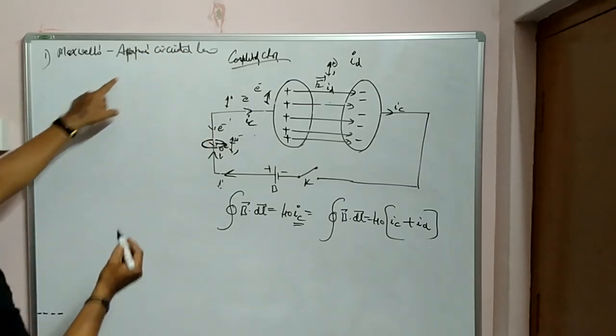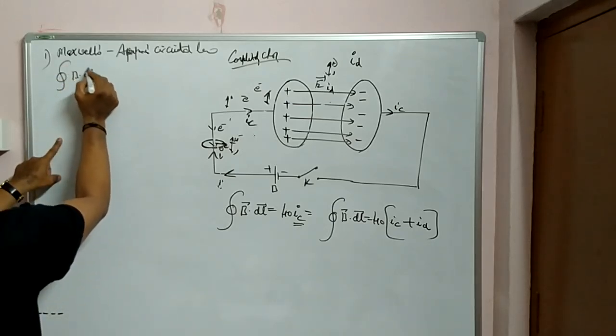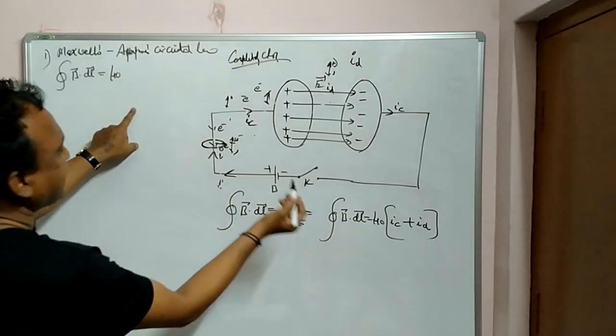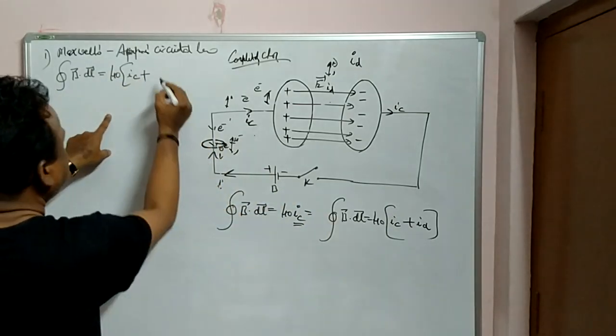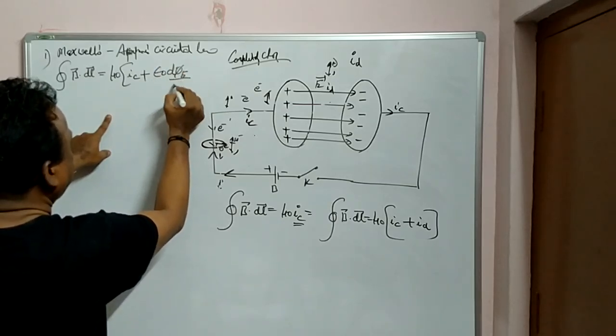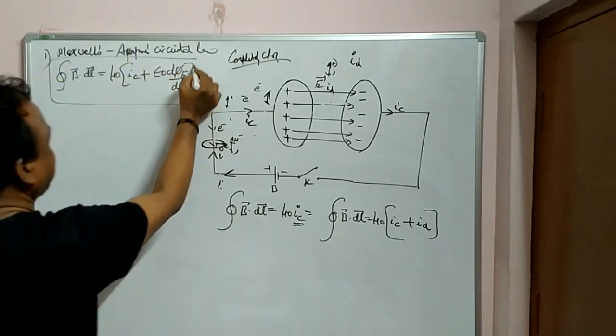He has changed the name, and that equation goes like this: integral B dot dl is equal to mu naught times IC plus ID. Conduction current plus what is displacement current? Epsilon naught d phi E by dt. This is the entire equation he has changed.